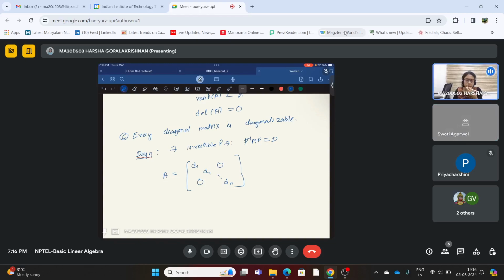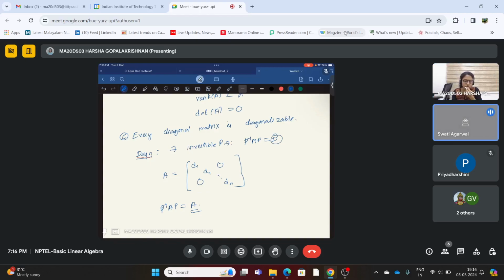Can you think about any invertible P such that P inverse A P equals A? A itself is a diagonal matrix, so instead of D, we can write A. Correct?